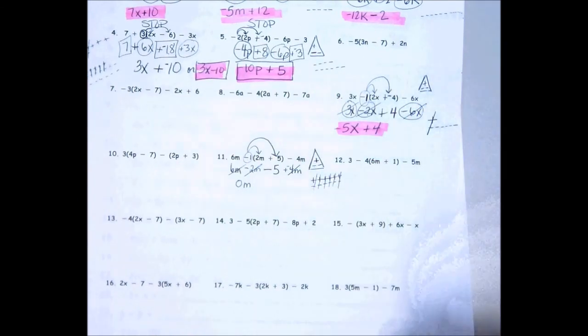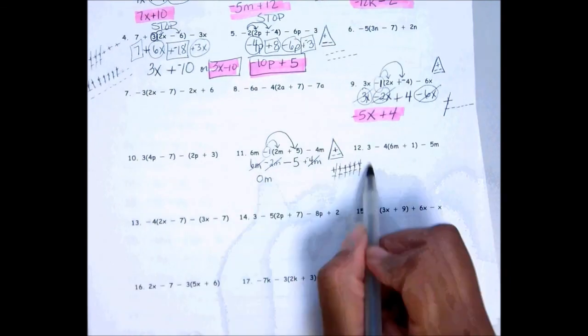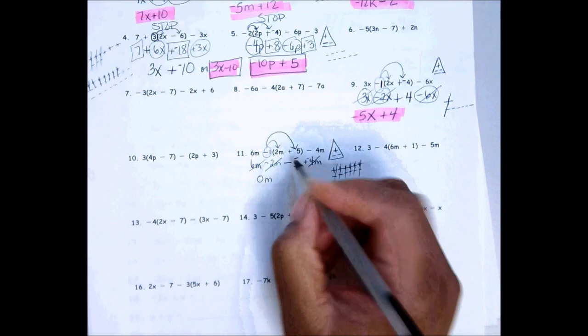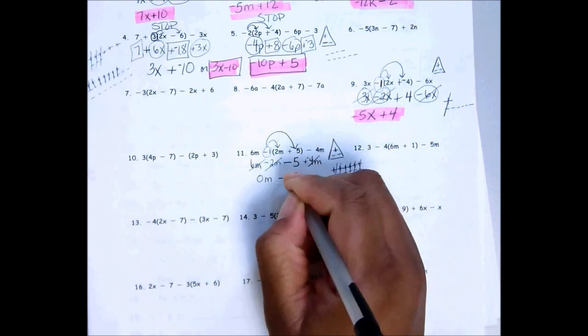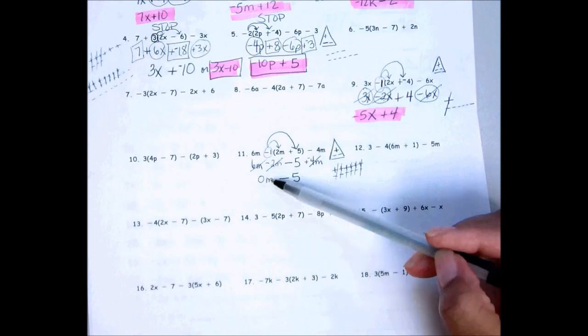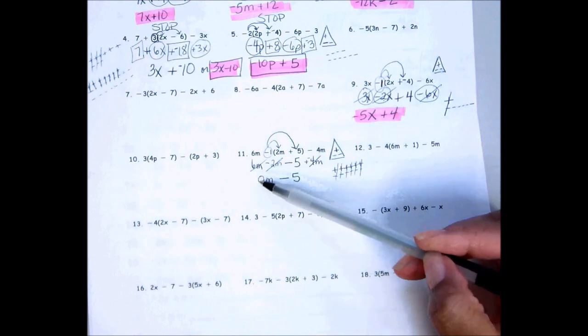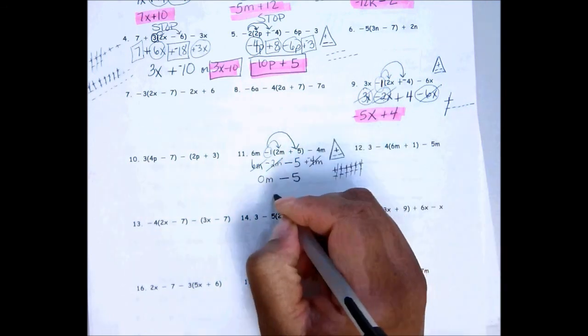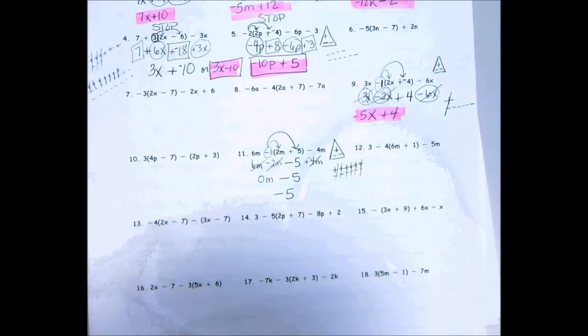And what do you have there? All gone. So you can either write this or don't write it at all. But I choose to write it. Now, we know that a number next to a letter is multiplication. So what is 0 times anything? It's 0. So you don't have to write it at all. The answer to that problem is just negative 5.